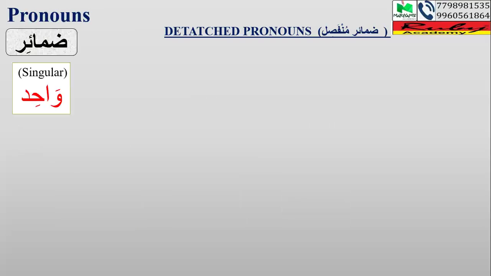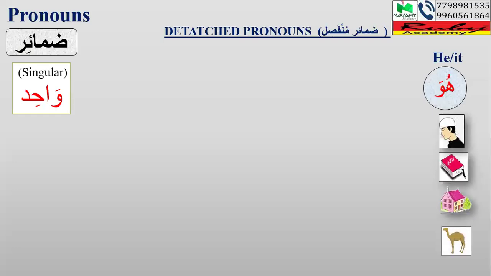So let's understand wahid. I'm explaining one by one and then we'll take all pronouns together. So huwa. The meaning of huwa is he or it, masculine. You can see man, book, house, camel.